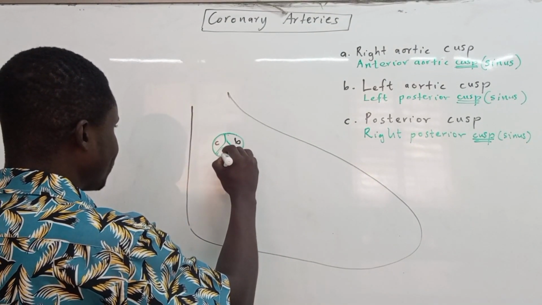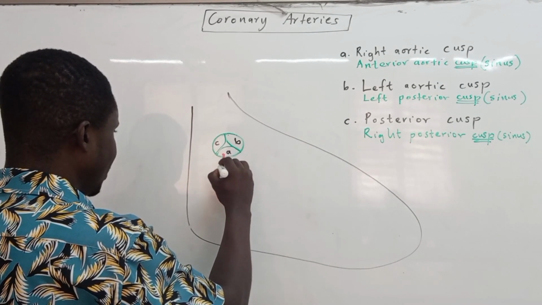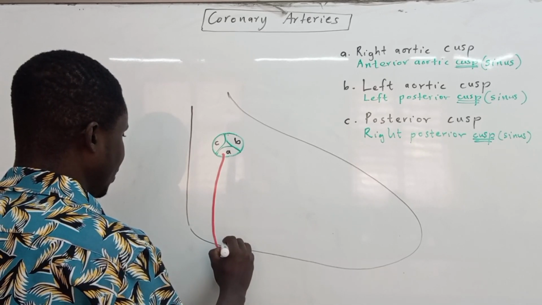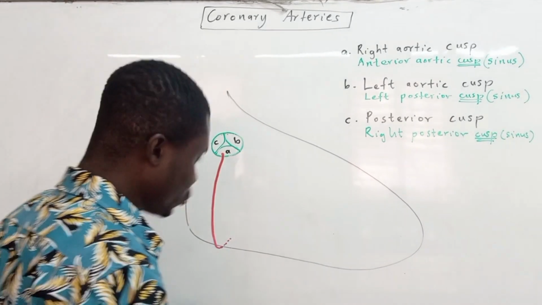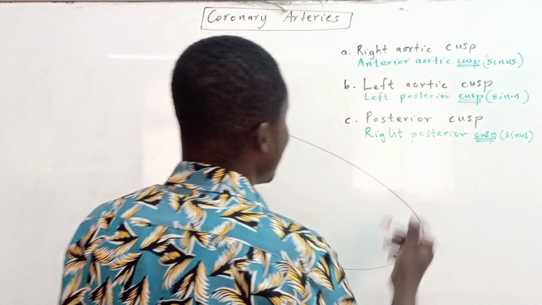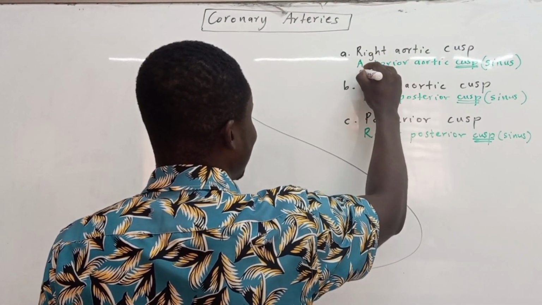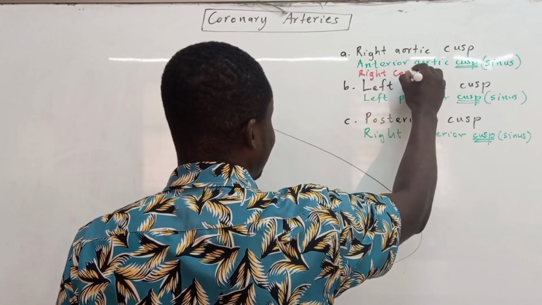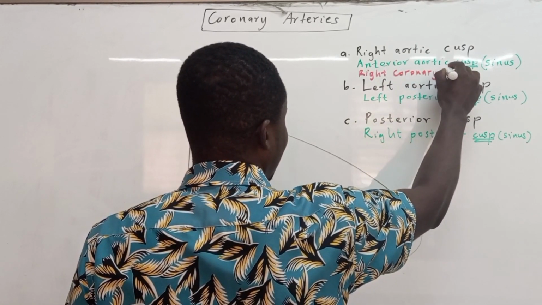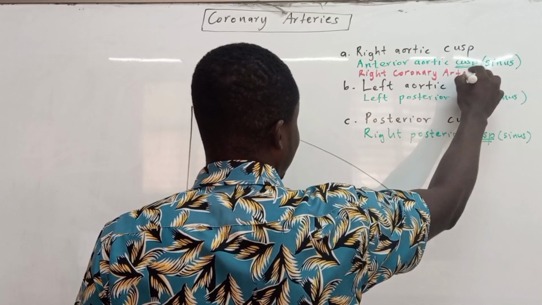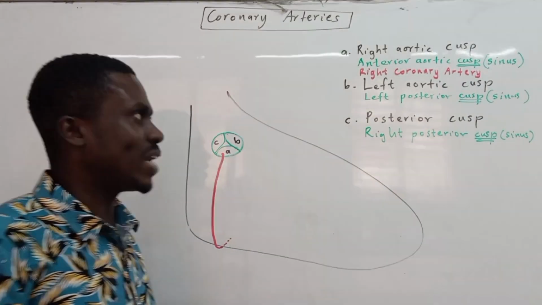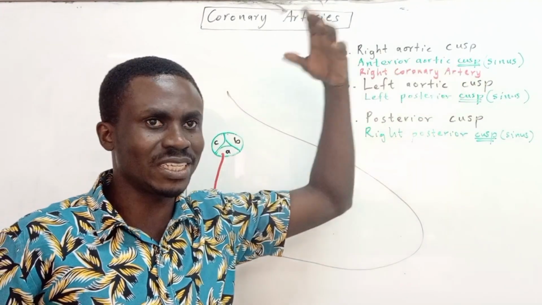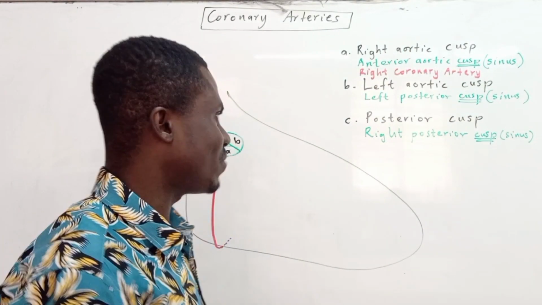My friends, this artery is nothing but the right coronary artery. The right coronary artery will be emerging from the anterior aortic sinus. So that's the first thing.